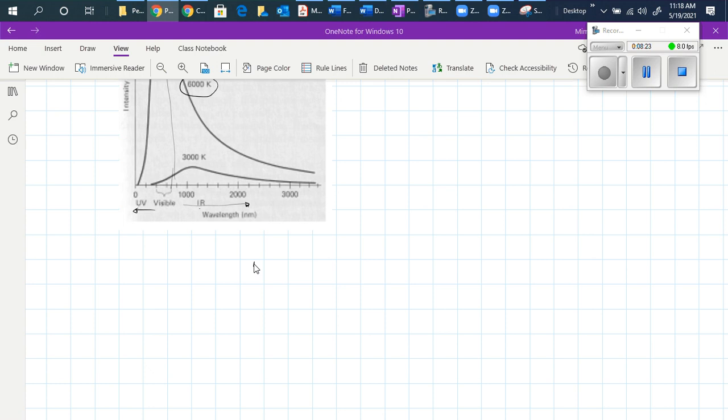The formula that he presented is that the energy is E = hf, where h is known as Planck's constant.